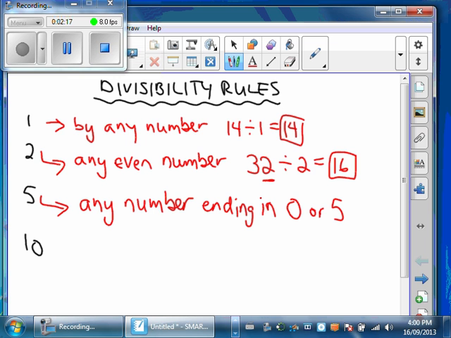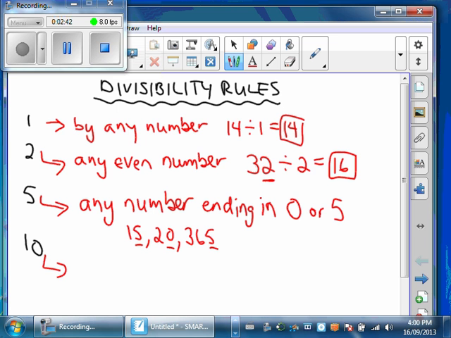As long as the number ends in a 0 or a 5, then we will divide evenly by 5. So for example, 15, 20, 365. As long as it ends in a 5 or a 0, it will divide evenly by 5.